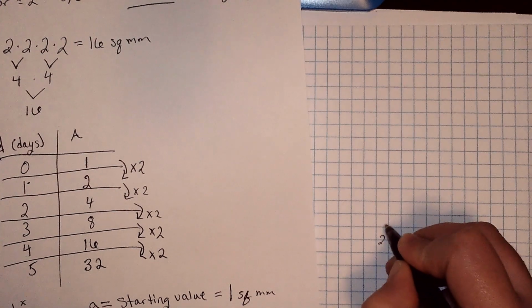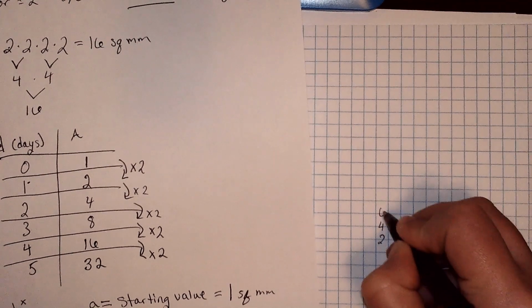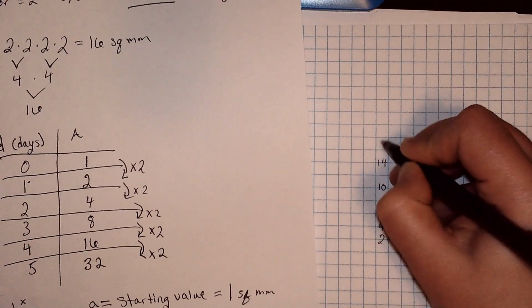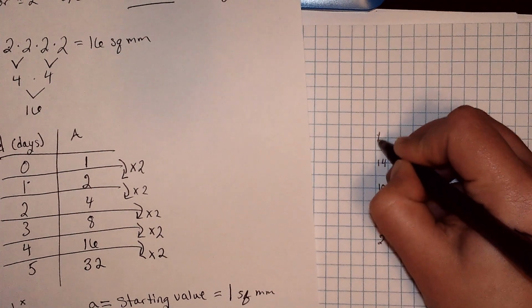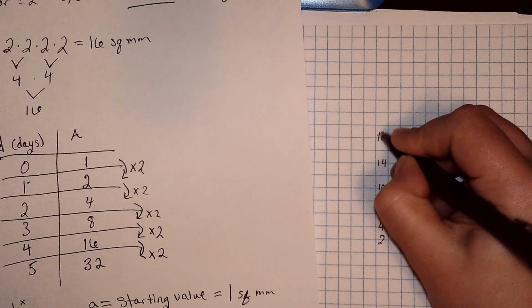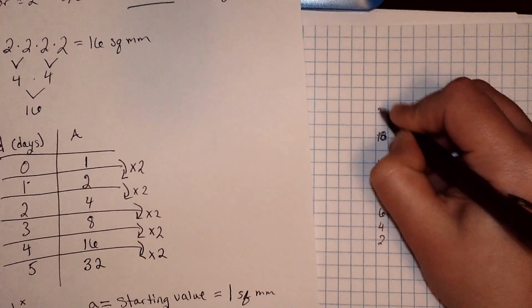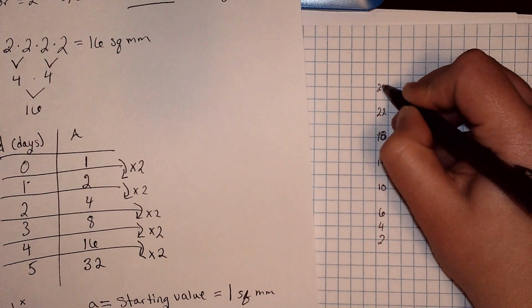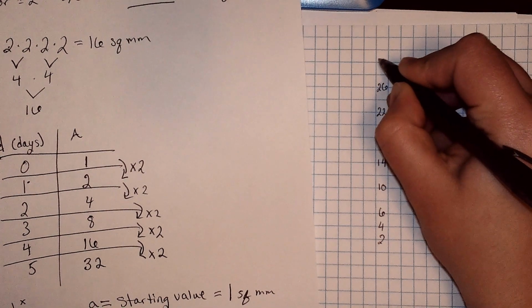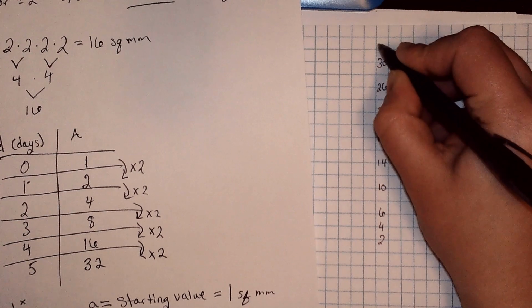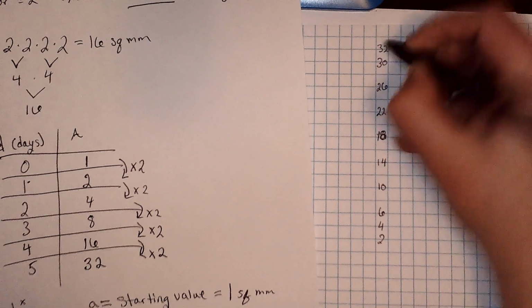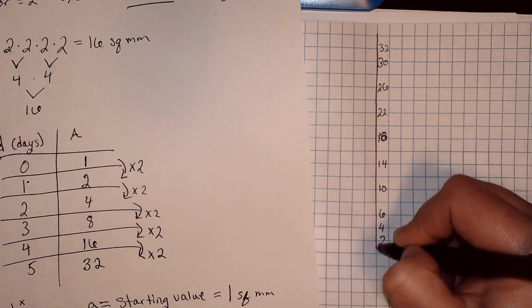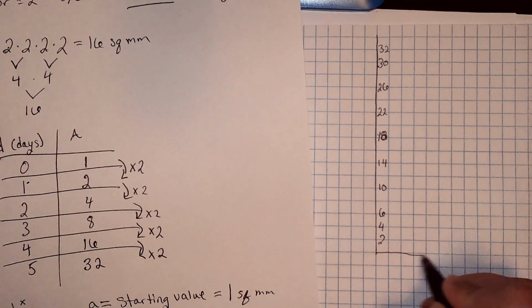We'll do 2, 4, 6, and so on. And we only did 0 through 5.